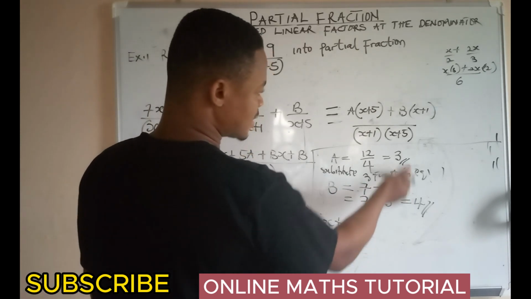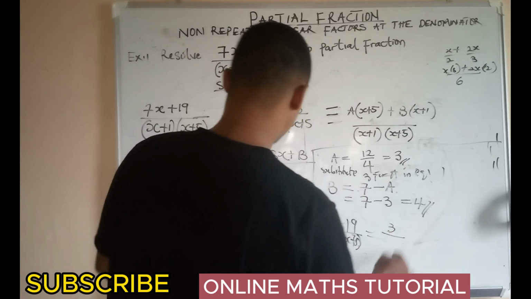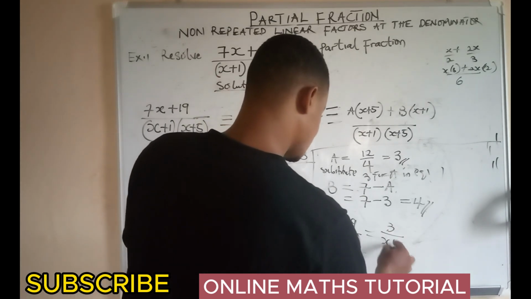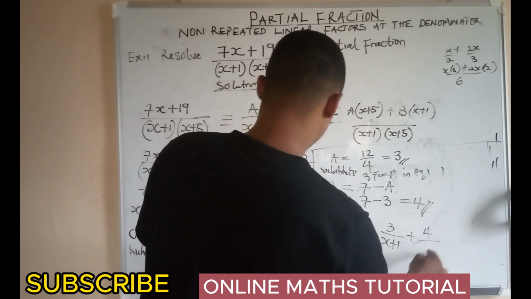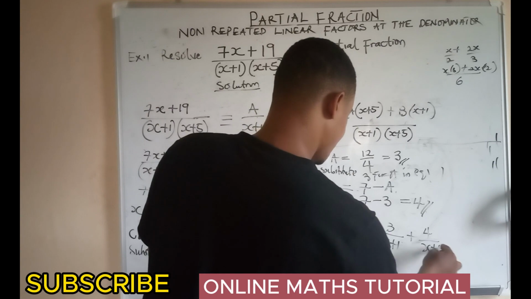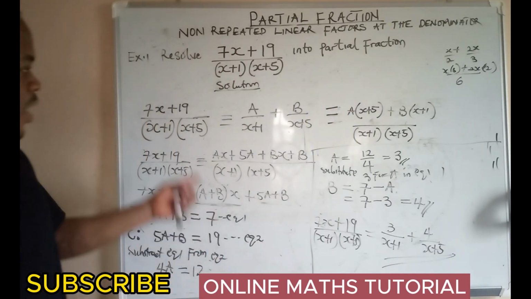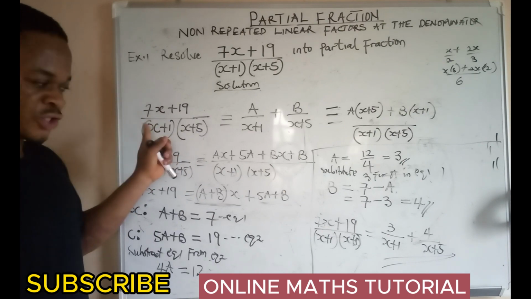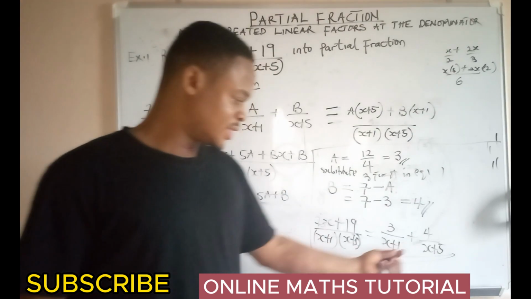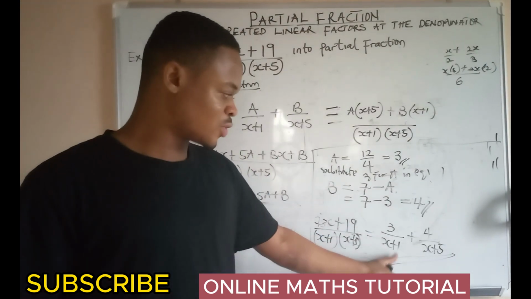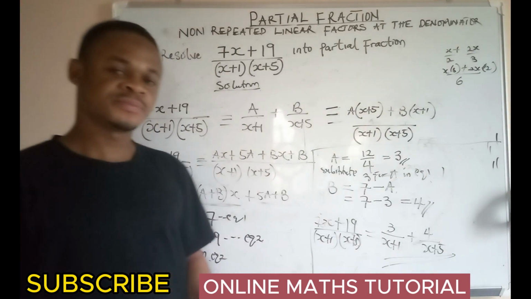We got a as 3. So we have 3 all over x plus 1 plus 4 all over x plus 5. So with this, we have broken down this fraction into its parts here, which is 3 all over x plus 1 plus 4 all over x plus 5.